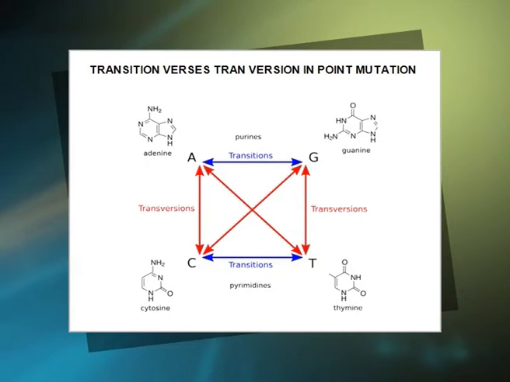In this figure, you can see the process of transition versus transversion. In transition, a purine base will be converted to another purine base. In transversion, a pyrimidine base will be replaced by a purine base.